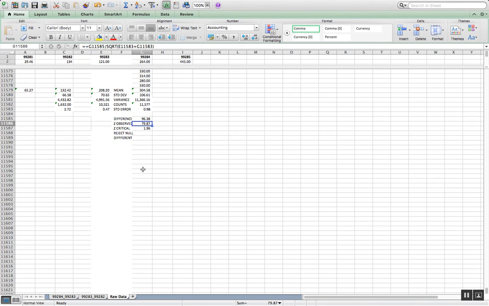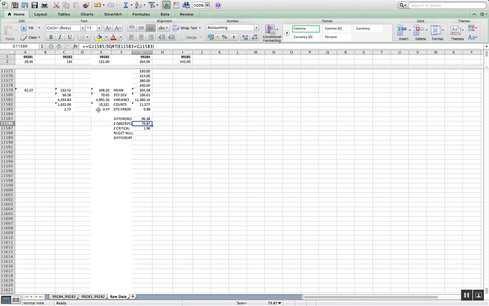The observed z-score is the difference in the means, which we just got, $96.38. So that's cell divided by the square root, SQRT, of our two standard errors, and that's 0.98 and 0.47.